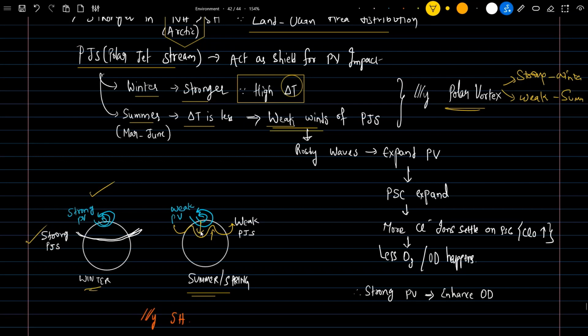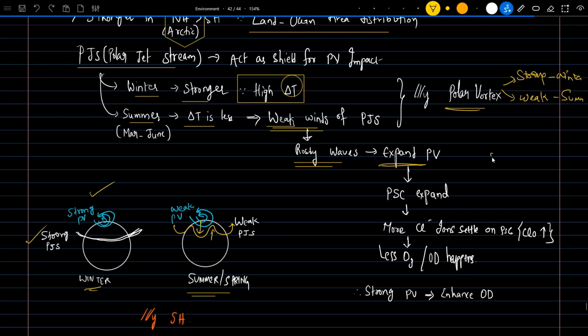This leads to the formation of meanders, which are known as Rossby waves. Because of the weak winds of the polar jet stream, especially in the months of summer or spring, Rossby waves will be formed. This basically leads to expansion of the polar vortex.